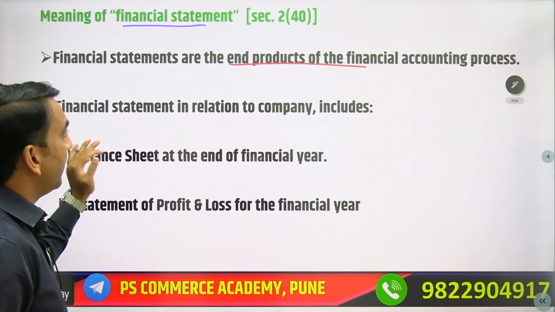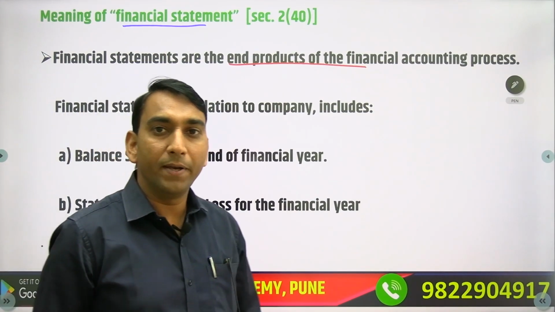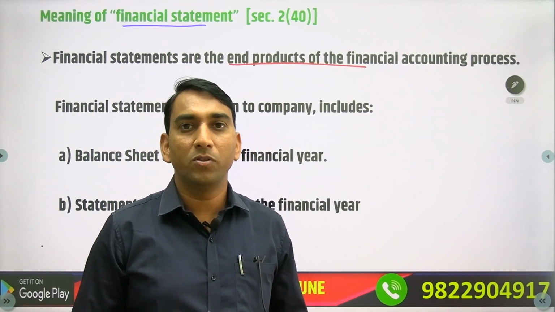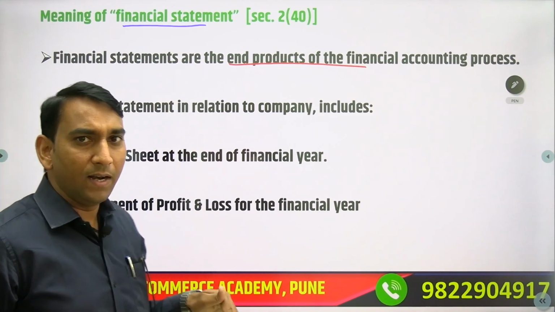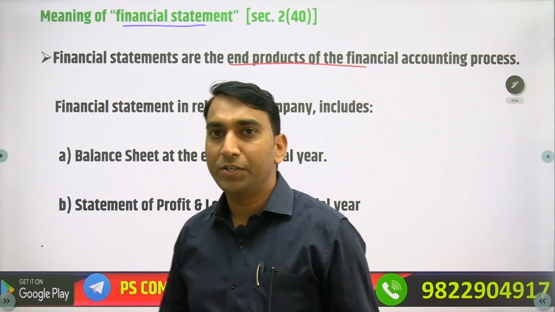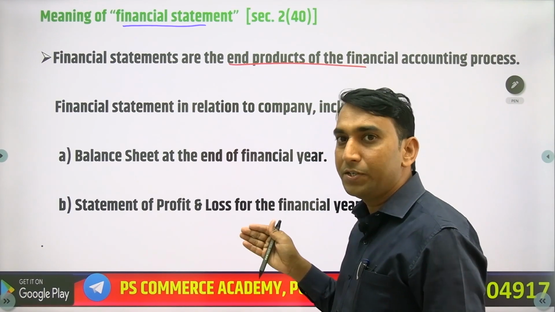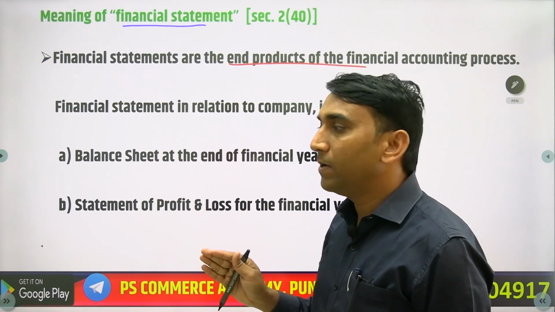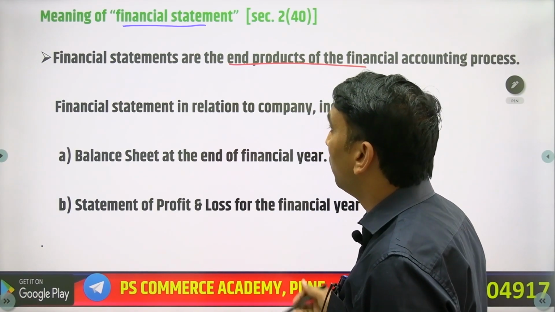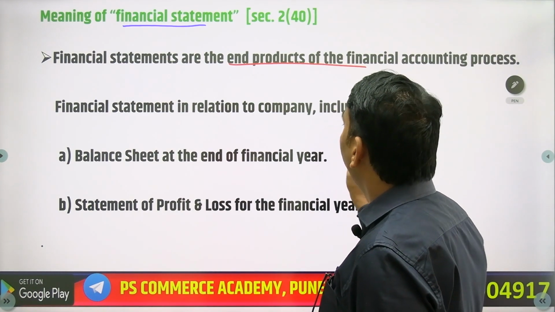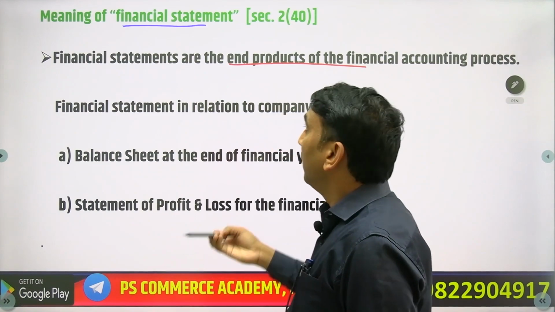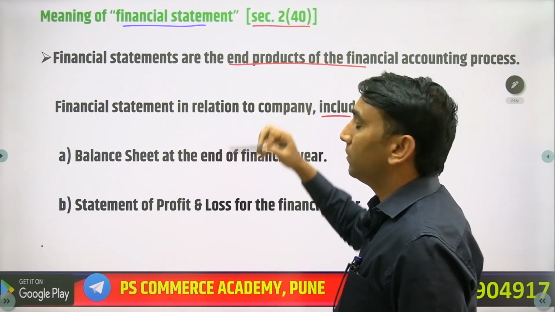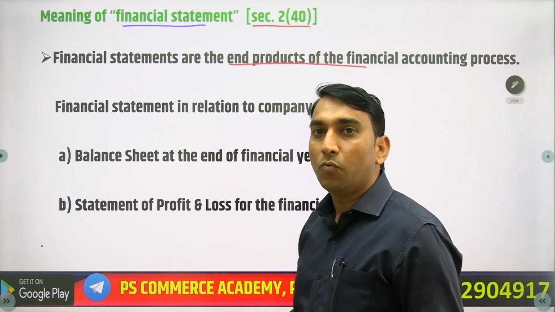So financial statement in relation to company. Generally we'll discuss the financial statements of company, because we have to do the financial statement analysis and interpretation of the company. Financial statement includes, see, this is given in Section 2 subsection 40 of the Companies Act 2013.